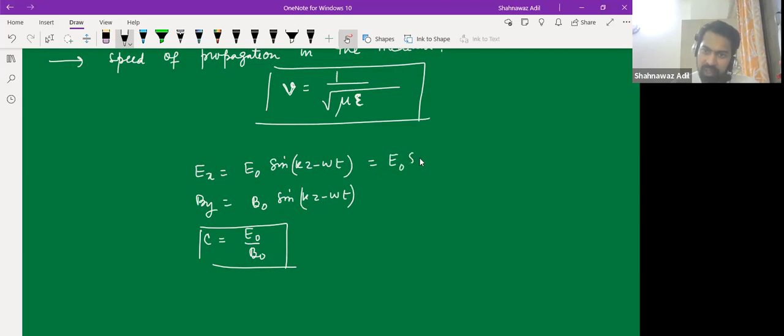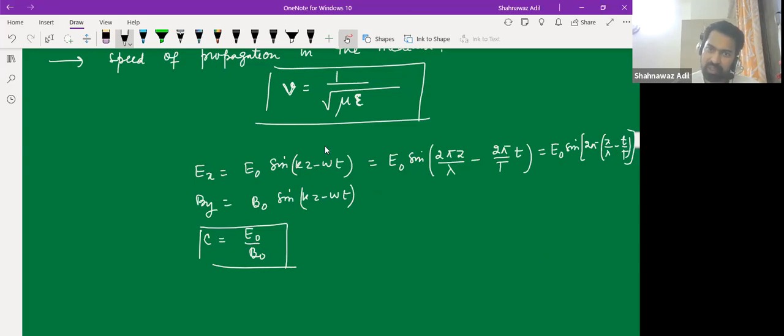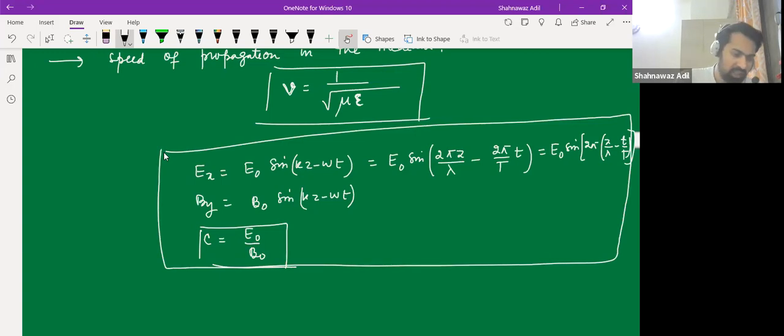So this would be sine of 2 pi, z by lambda minus t by T. So we can also write this as E naught sine 2 pi times z by lambda minus t by T. In the question, they can give you this type of equation. So these are the important things to learn in the electromagnetic wave.